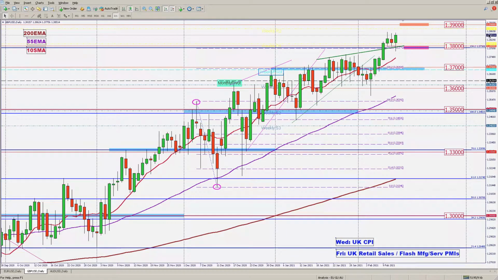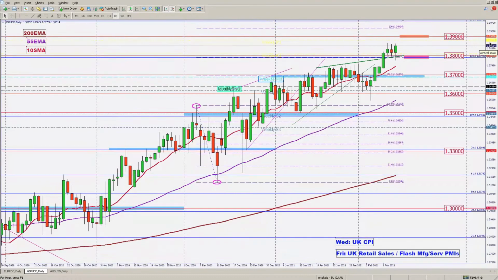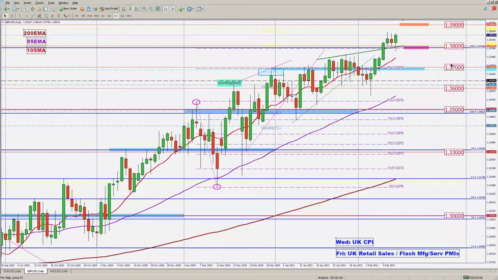If we take a look where the next extension is, it's above 139 and it's up to 139.44. That's this 200-Fib extension area. We'll see if it's able to break through 139 first.